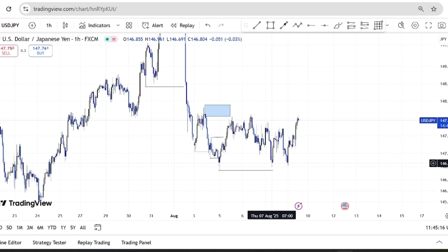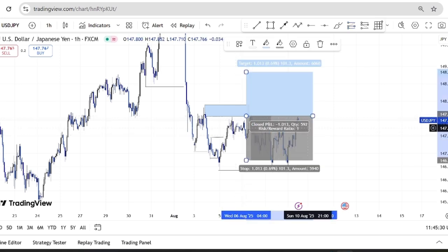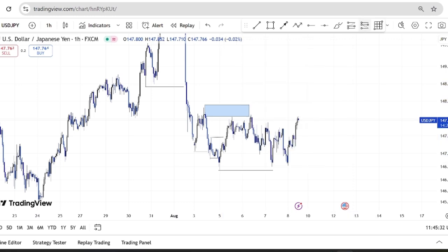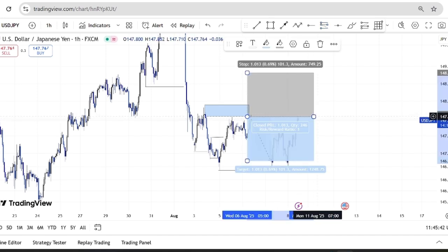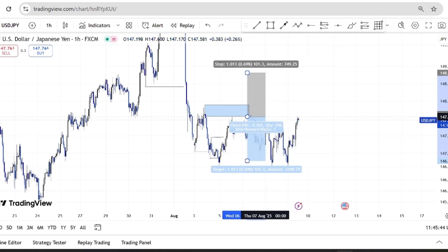So now let's go on. Looking at this trade, I had my entry here. It was a 1:3 trade.